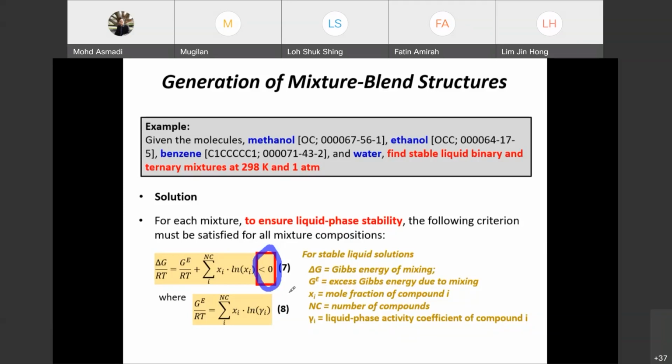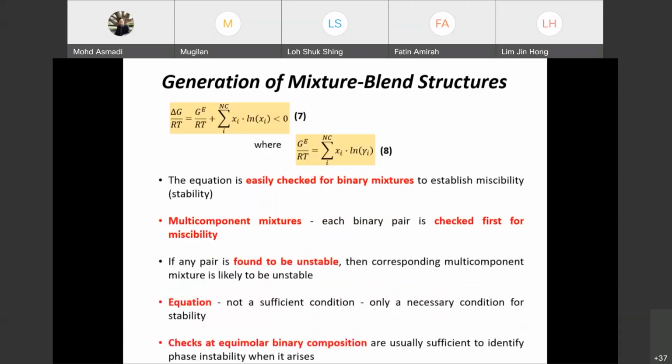For the multi-component mixture, first we have to check the miscibility. It is really important. If it is miscible, meaning that it is homogeneous, it does not form two phases. This equation is easily checked for the binary mixture to establish the miscibility.